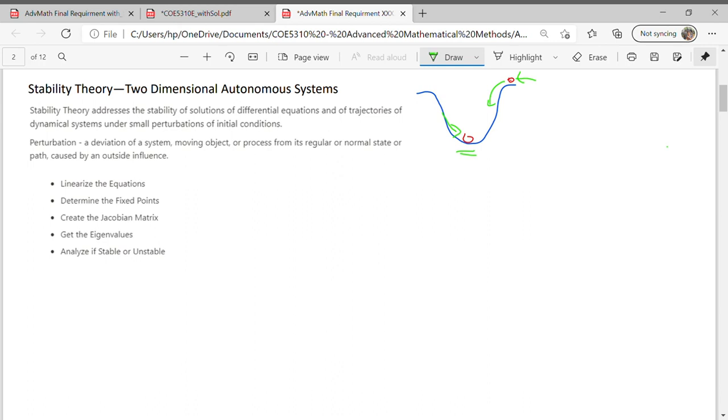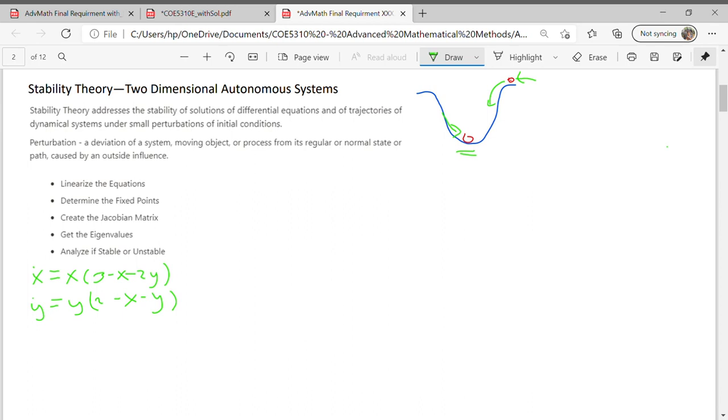For example, we have dx/dt equals x(3 - x - 2y), and another function, dy/dt equals y(2 - x - y).